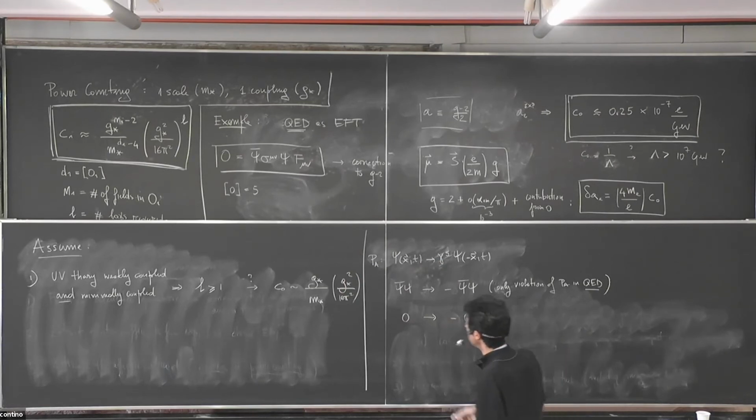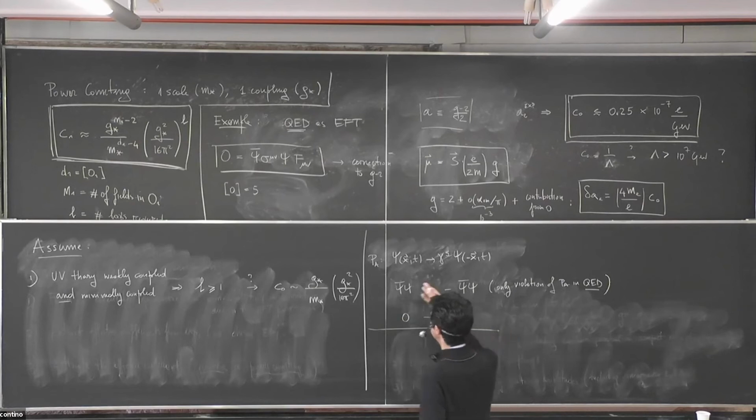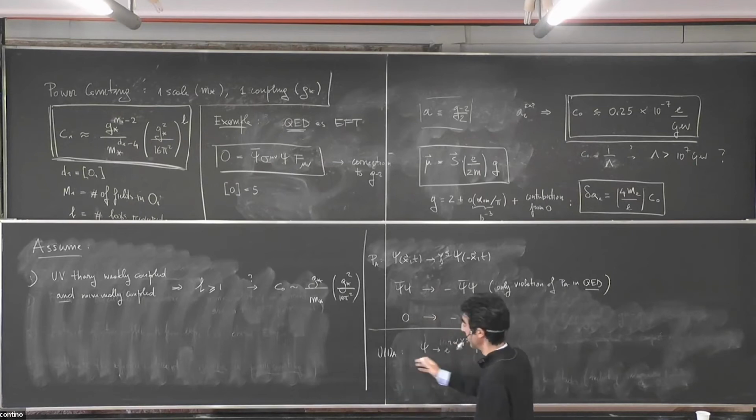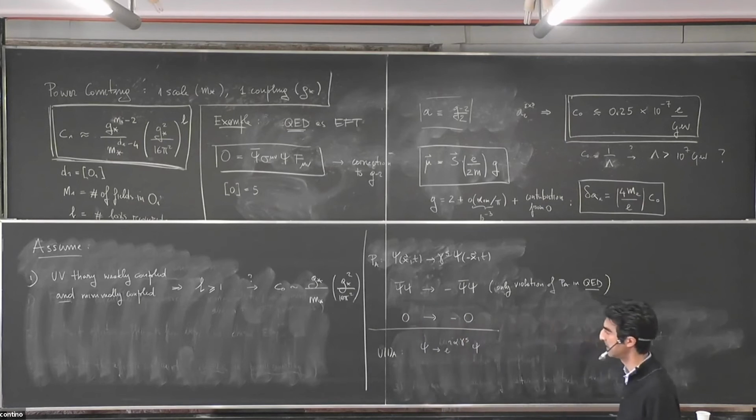You can formulate the same argument in terms of a U1 axial, where psi transforms as e to the i alpha gamma 5. It's a continuous symmetry instead of a parity, but it gives you exactly the same conclusion.